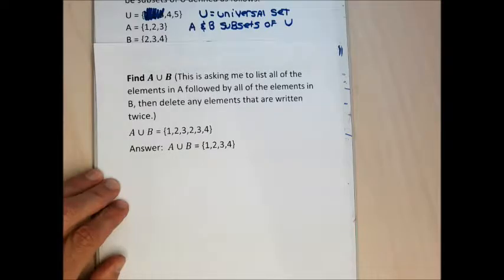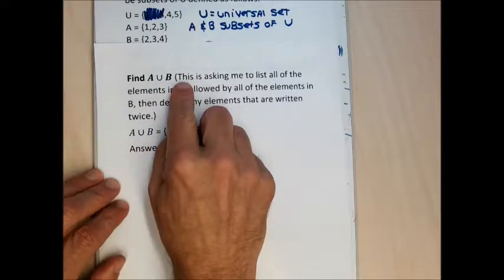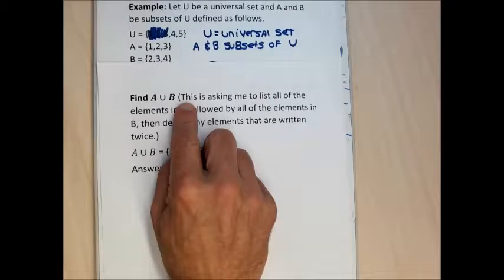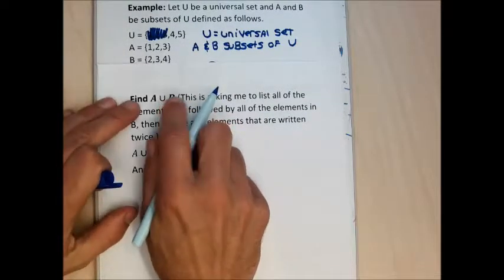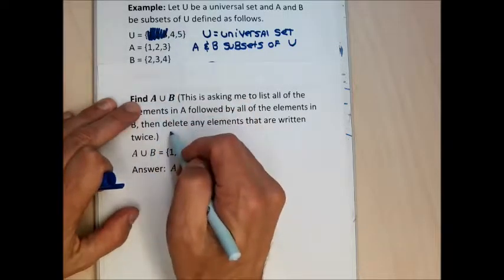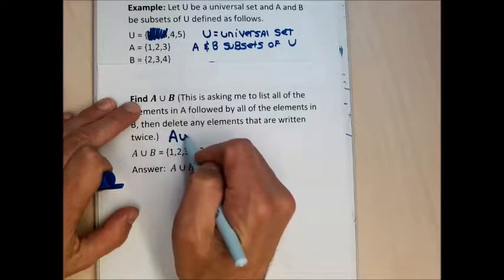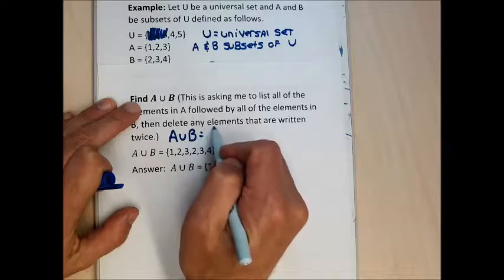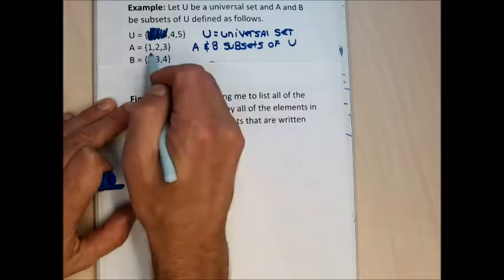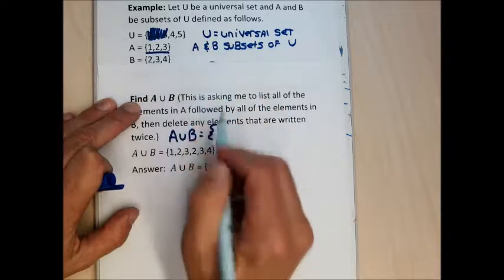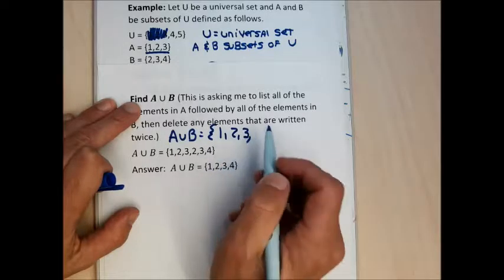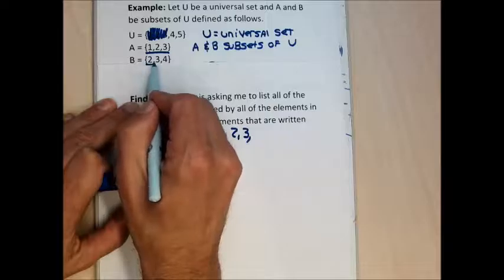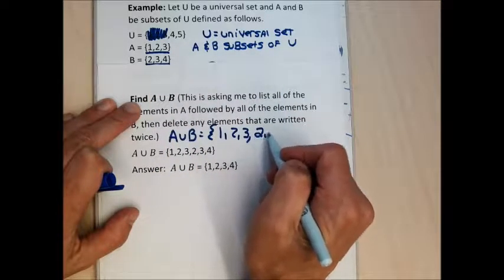And one way that I find the union, and I find it to be followable for students, to find A union B, I form a big set. And how do I form that big set? I start off by writing my set braces, and the first thing I will write is all the elements in set A, which are the numbers 1, 2, and 3. And then after it, I'll write all the numbers in set B, which are 2, 3, and 4.